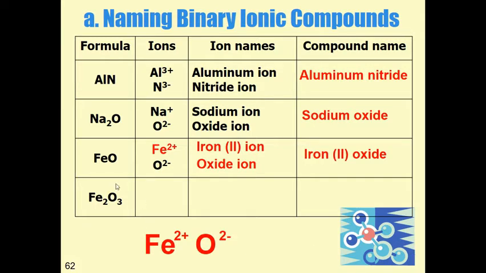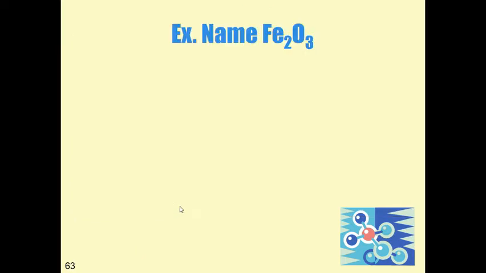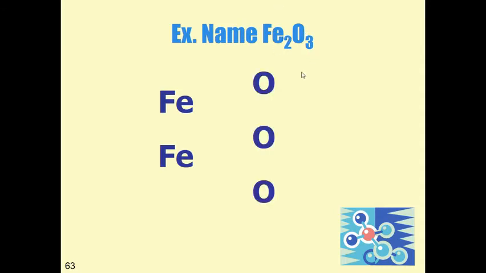Okay, now let's do the same thing for the one below it, Fe2O3. Again, our anion is O2 minus. Oxygen always is a 2 minus. It doesn't ever become anything else. So we need to find out what the charge is for iron. Well, we have 2 irons and we have 1, 2, 3 oxygens.